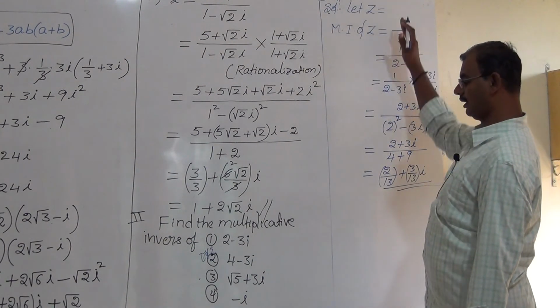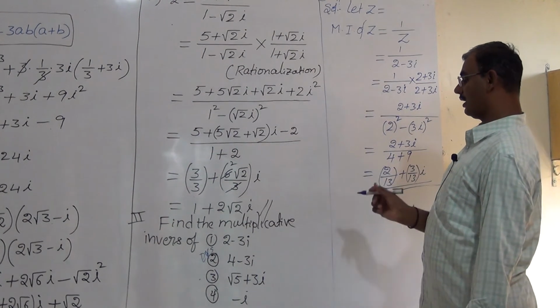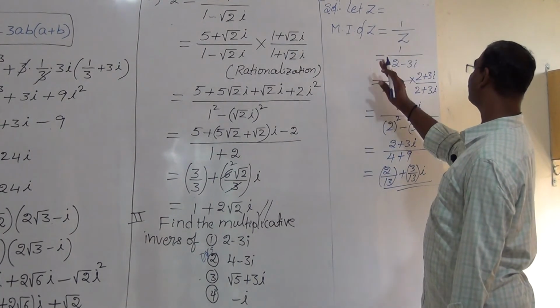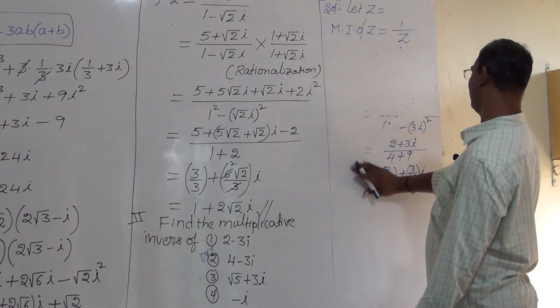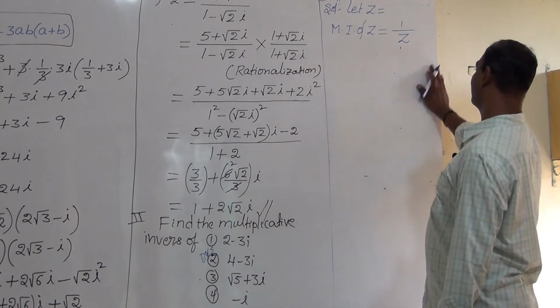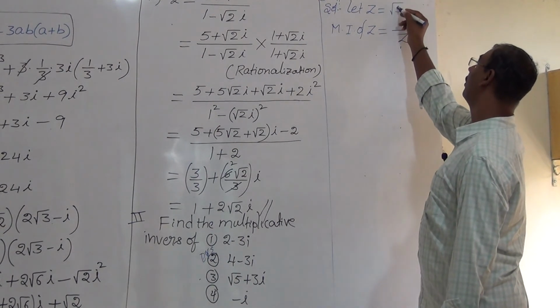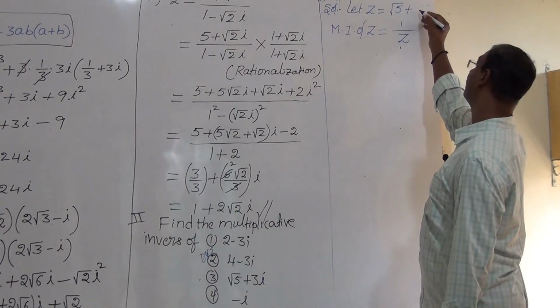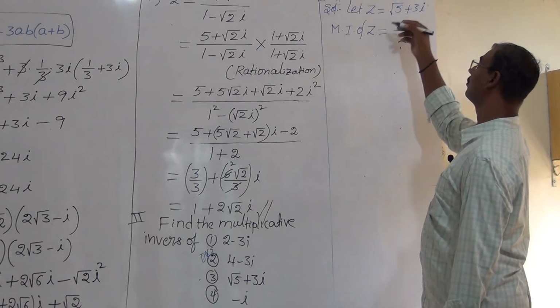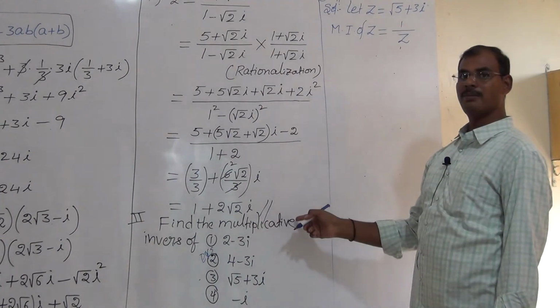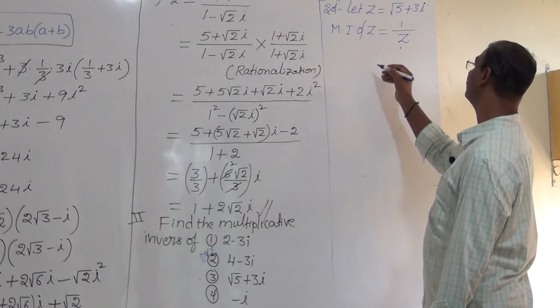Follow the same method. Let z is equal to, I will simplify this one next. See the next question, the third question: square root of 5 plus 3 iota. What is asked? Multiplicative inverse of z.